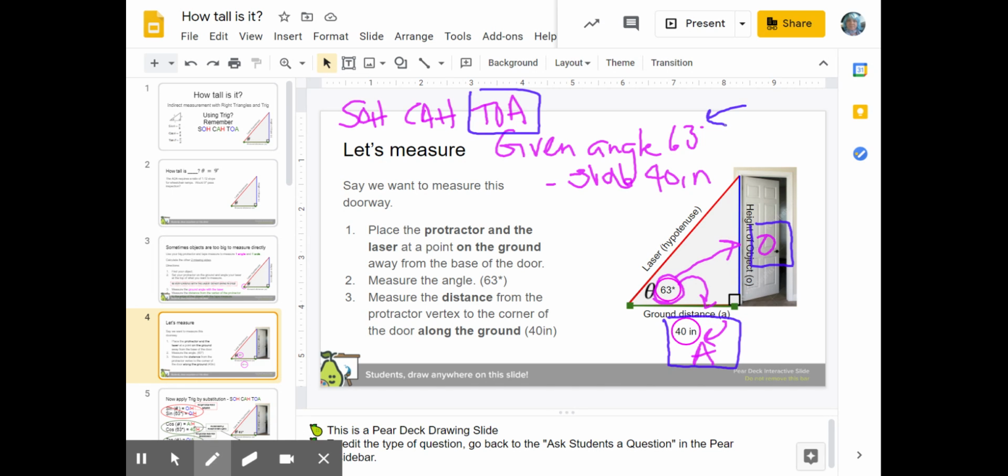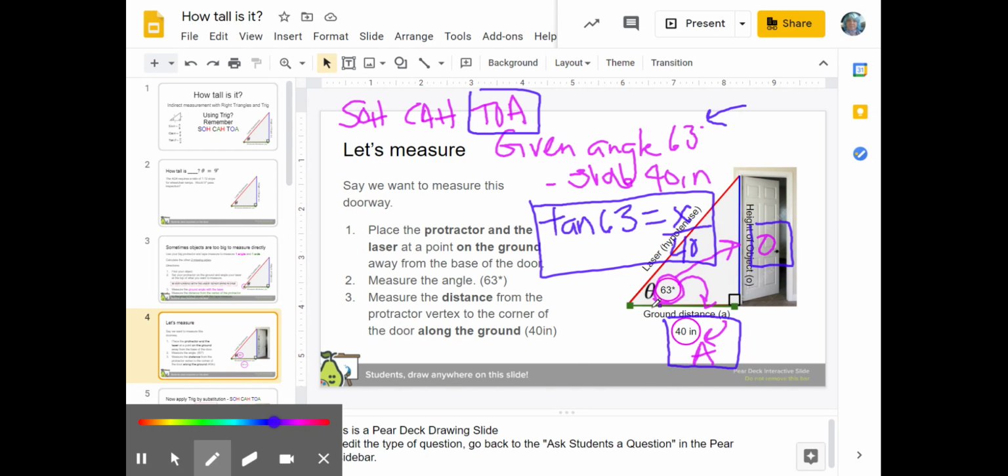So we're going to change our formula a little bit. We're going to do tangent of 63 equals, and then we're going to make our fraction the same. O is what I'm looking for, and A is what I know. Okay, so I'm going to put this fraction into my calculator. Notice when I have the degrees, I don't use that -1, and I put an equal sign. Okay, so the formula changed just a little bit.